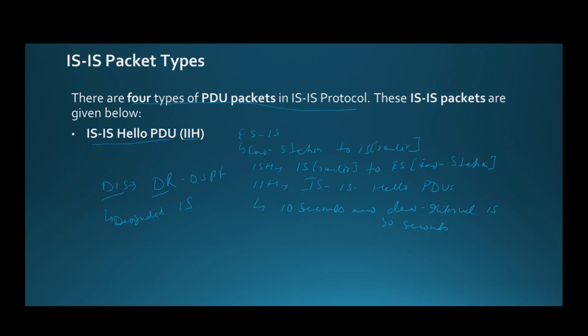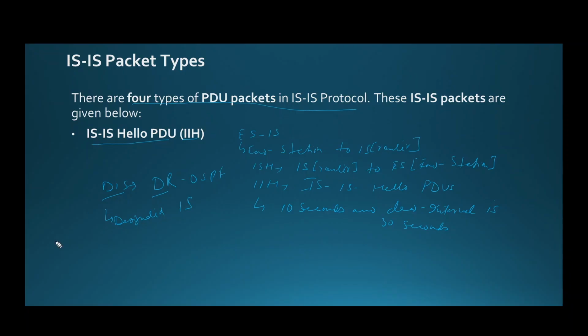So instead of having each router establish neighborship with all the routers in a multi-access network, the routers only maintain peering or neighborship with the DIS, and the protocol exchange is performed via the designated IS. And unlike OSPF, in ISIS there is no backup designated IS. So we have a DIS and there is no backup for it in ISIS.